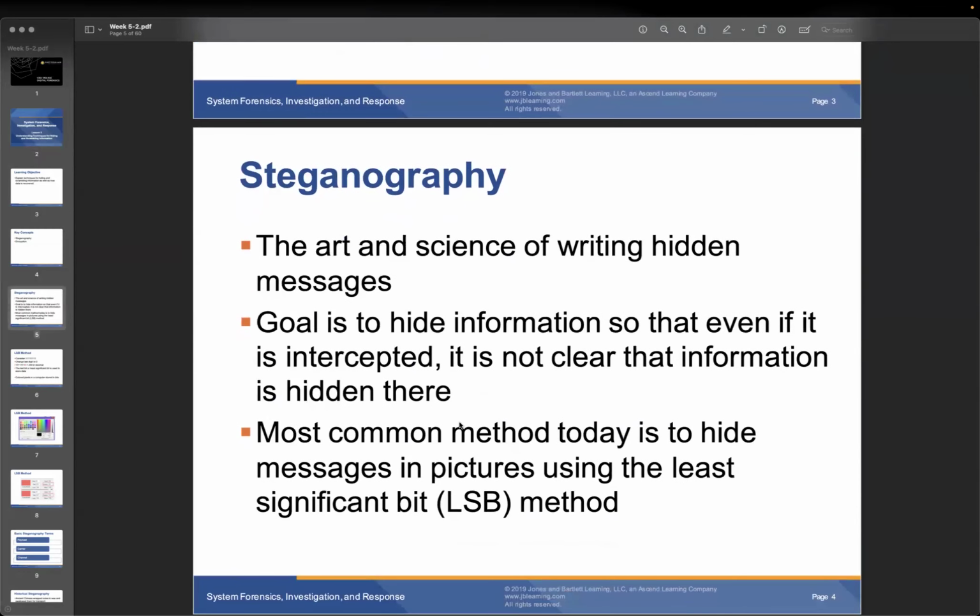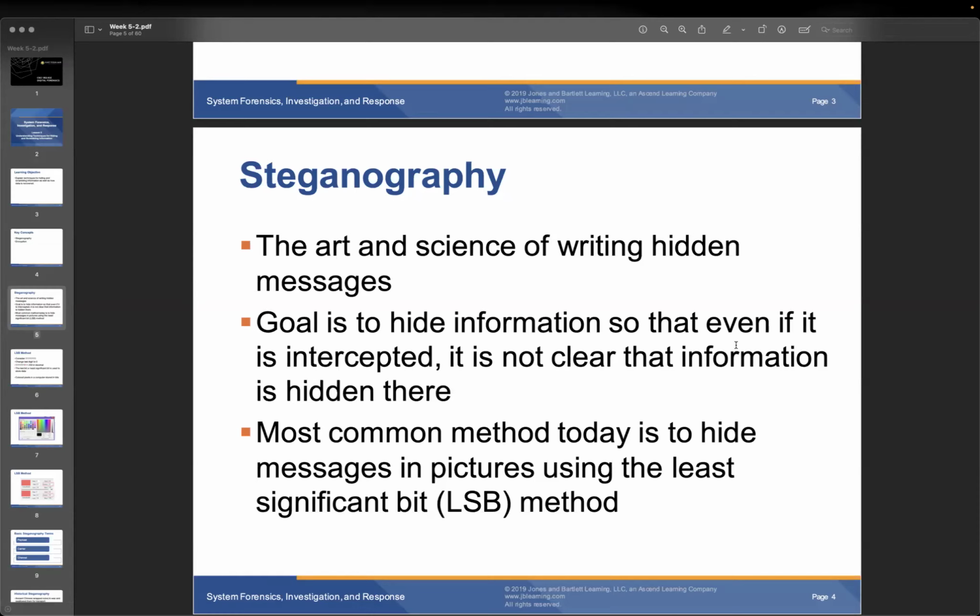Steganography is the art and science of writing hidden messages. Just imagine an image: if you change some bits, you can't really see the hidden information. Even if it is intercepted, it's not clear that information is hidden there.